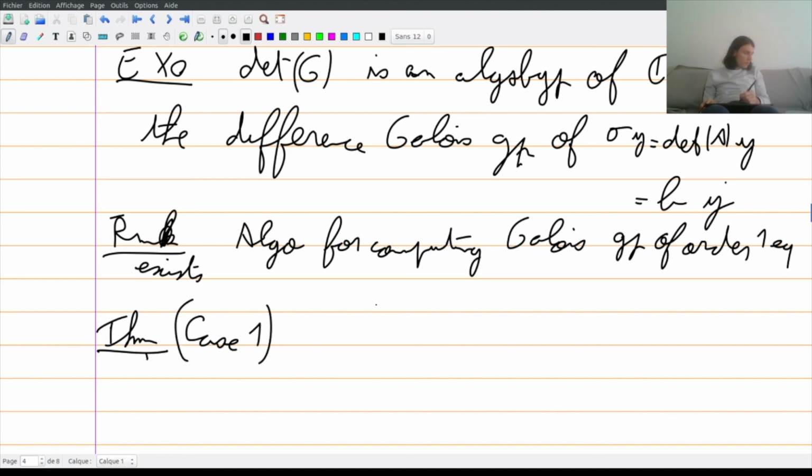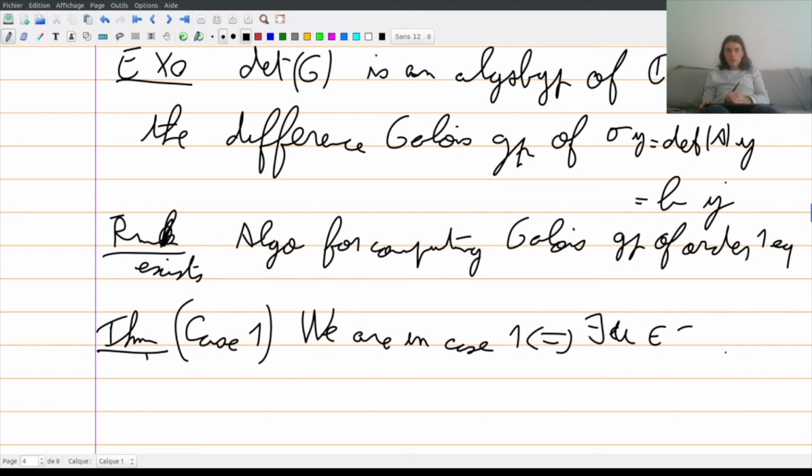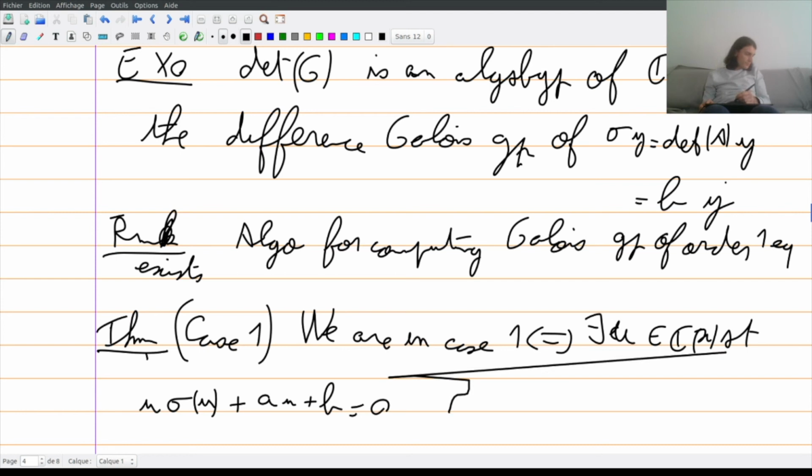So let's treat the case 1. Case 1 holds if and only if there exists u, a rational function, such that u sigma of u plus a u plus b equals 0. It's called a Riccati equation.